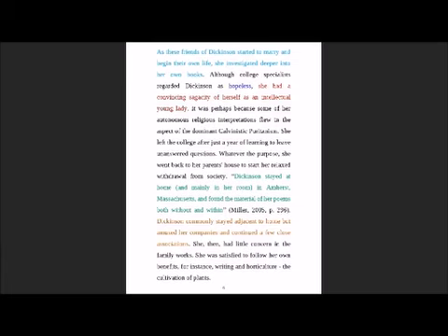As these friends of Dickinson started to marry and began their own lives, the meetings became less frequent than previously.